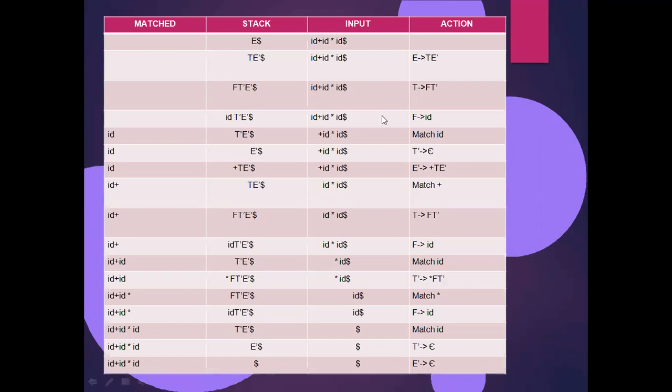From the E we get T E dash. From the T we get F T dash. From the F we get an ID, right? This T dash becomes epsilon, and from the E dash we get plus T E dash, right? And from the T we get F T dash, F is ID, and from the T dash we get star F T dash, and F is an ID, and this T dash and E dash also become epsilon.